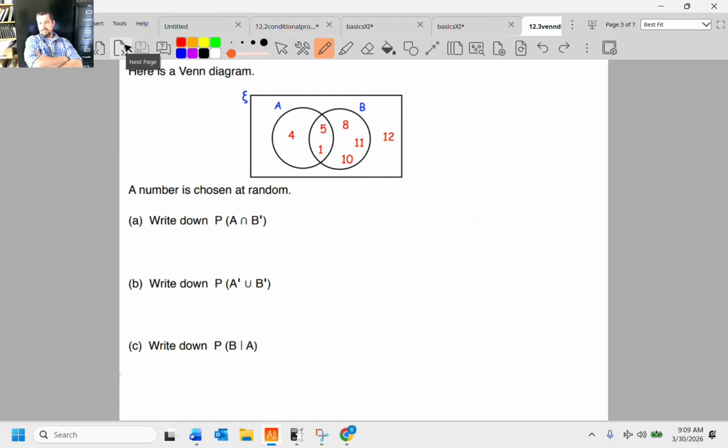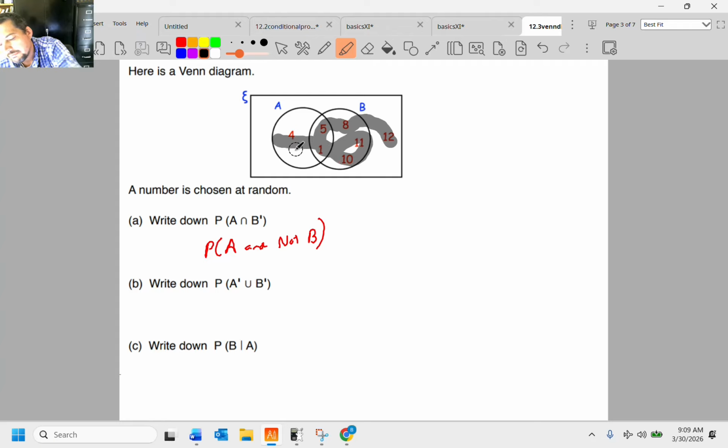All right, so here's a Venn diagram. Write down the probability of A and not B. This is the probability of A and not B, okay? So A and not B. Now, not B would be everything outside B. A would be that guy.